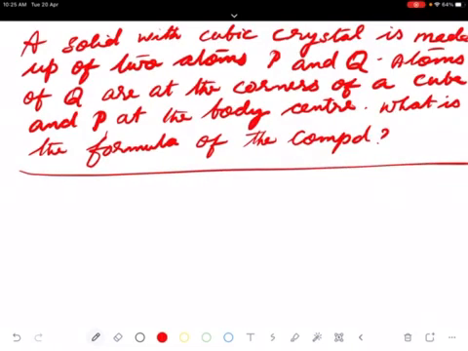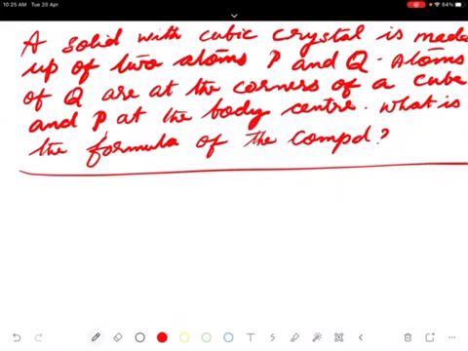A solid with a cubic crystal means CCP, made up of two atoms P and Q. Cubic crystal, cubic close packing. So the unit cell will be FCC only. Atoms of Q are at the corners of a cube. Now let's see this cube.